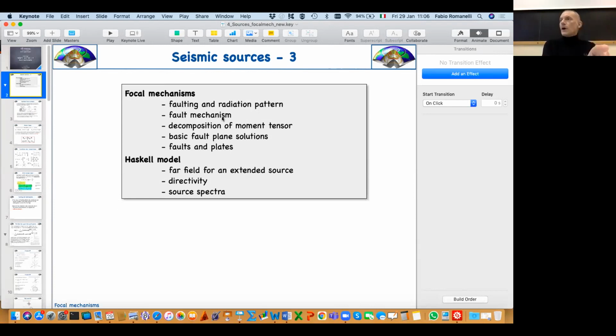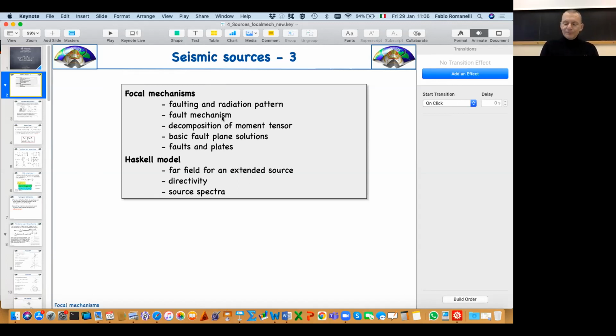We're going to state them in the far source and far field condition. We will use the radiation pattern from a double couple in that condition, and we will try to represent this using a sort of visual representation with a projection that will become what we call the focal mechanism.